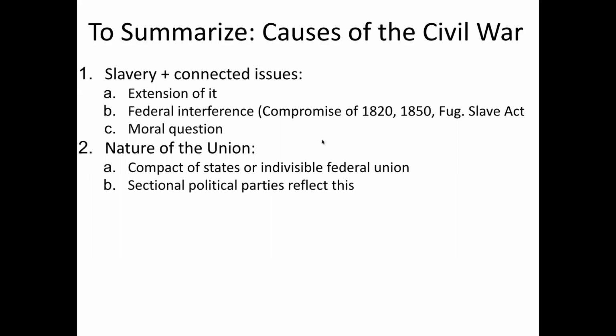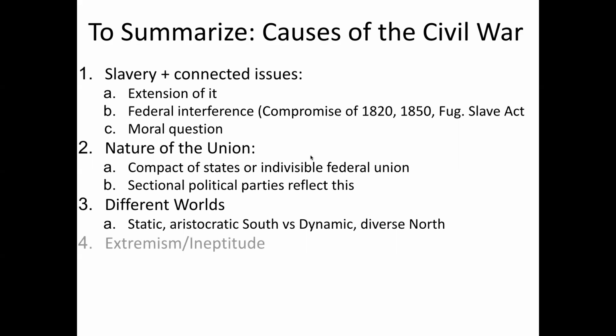Sectional political parties are definitely reflecting this, especially when you look at your Constitutional Union Party and the fact that we've got two different worlds in this country, and we have for a while. We have the static, relatively unchanging aristocratic South. So this is the South of slavery and plantations, whereas you have the economic powerhouse in the North with this very dynamic and strong economy, a very diverse population, so very different from the South.